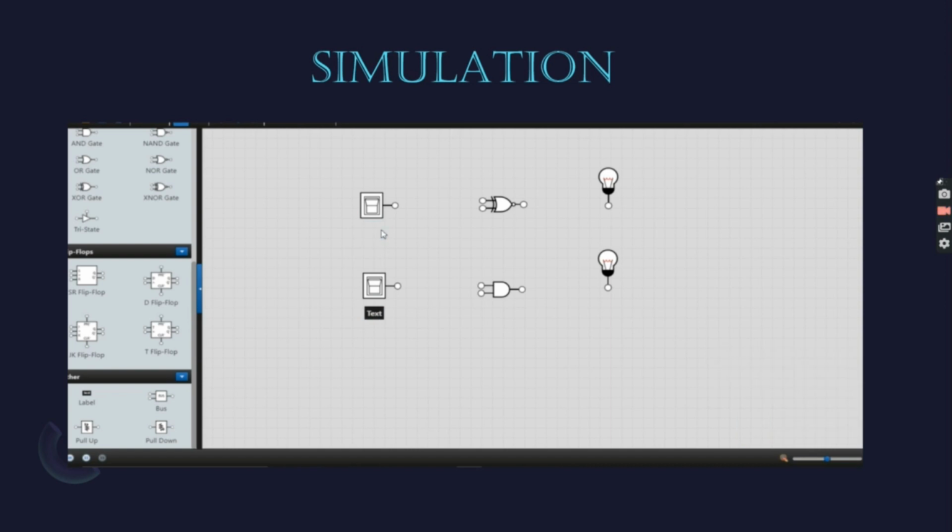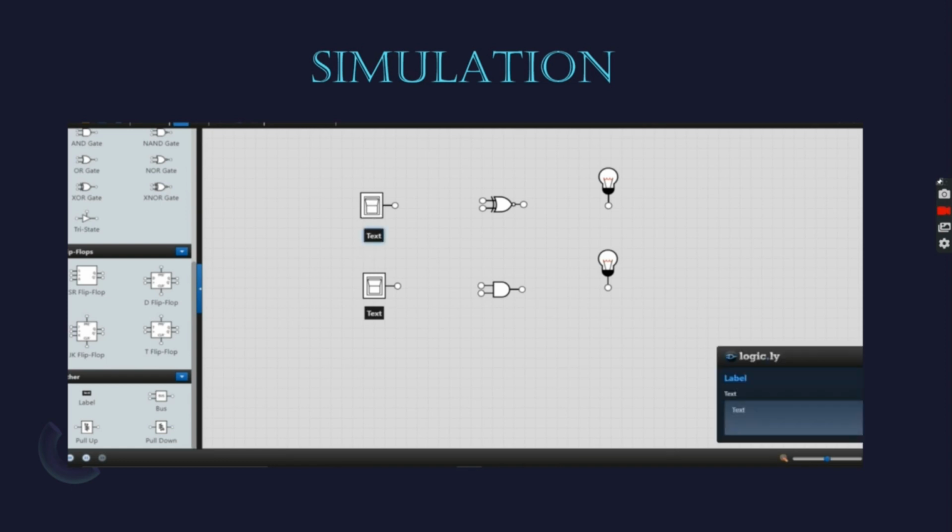And the labels of the inputs are given as A and B. And for the gates, XOR and AND gate.